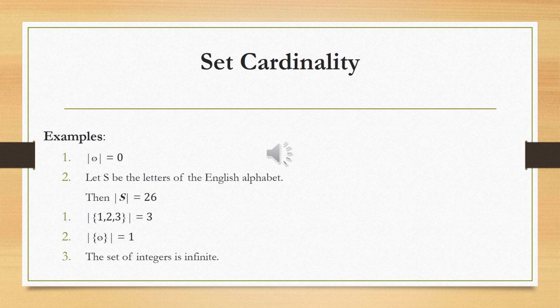The cardinality of the set containing the empty set, a zero with a slanted line inside curly brackets, is 1. The set of integers is infinite. The cardinality of the set of integers is infinite.